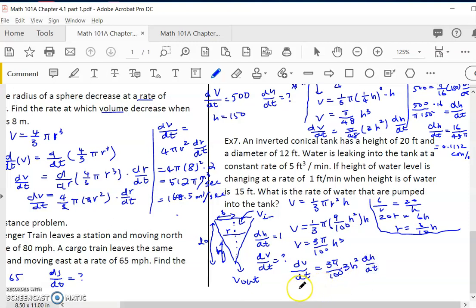Okay, so we're almost done. dV/dt equals 9 pi over 100 h squared times dh/dt. So we related the two. Now, what is the rate of water that is pumped into the tank? So we need dV/dt. We just multiply this together.